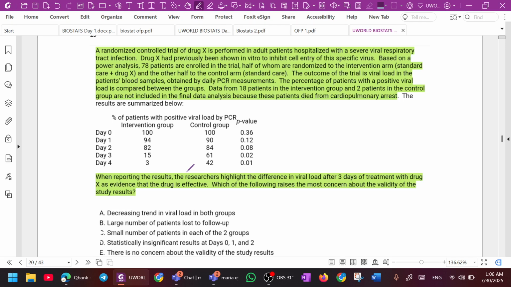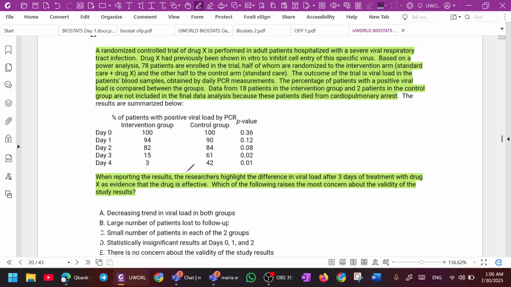Data from 18 patients in the intervention group and 2 patients from the control group are not included in the final data analysis because these patients died from cardiopulmonary arrest. The results are summarized below: percentage of patients with positive viral load by PCR, intervention group, control group, and p-value.